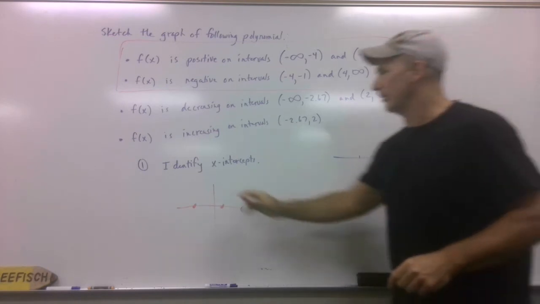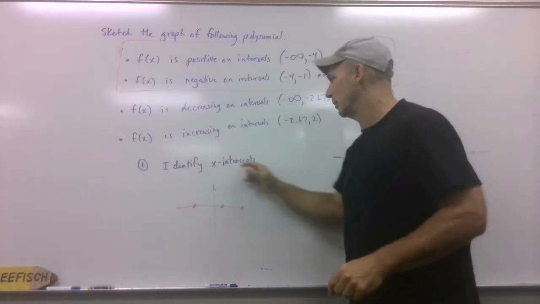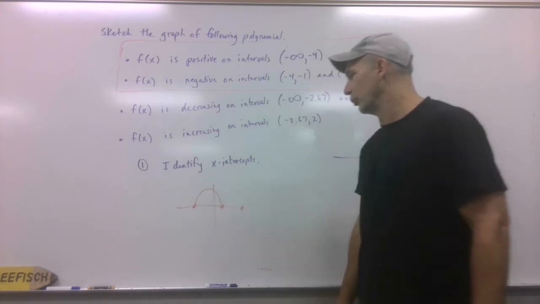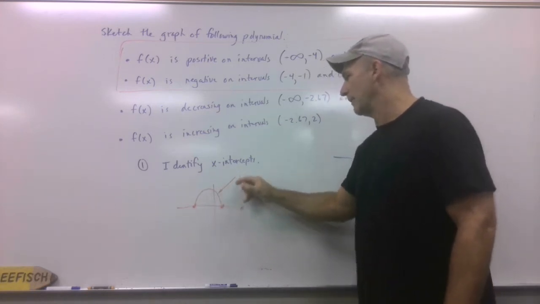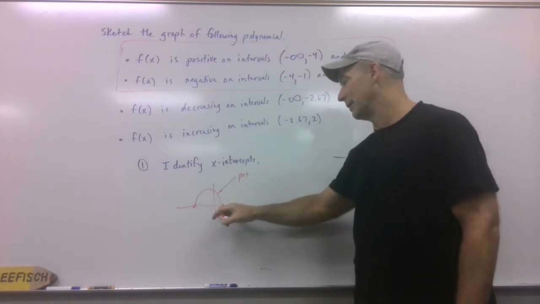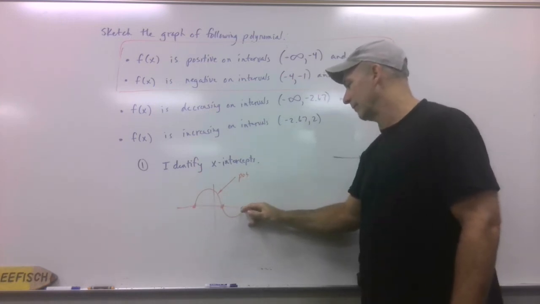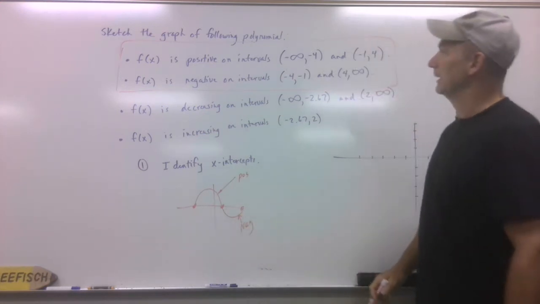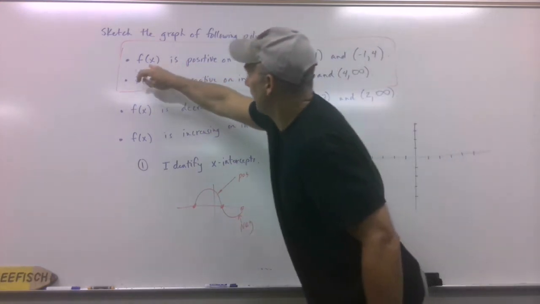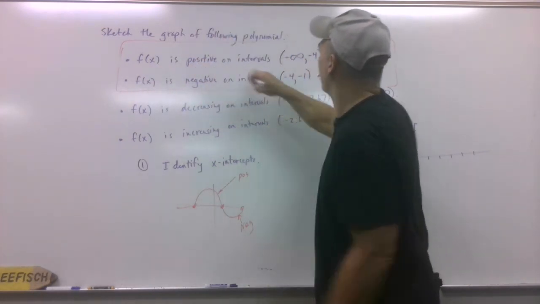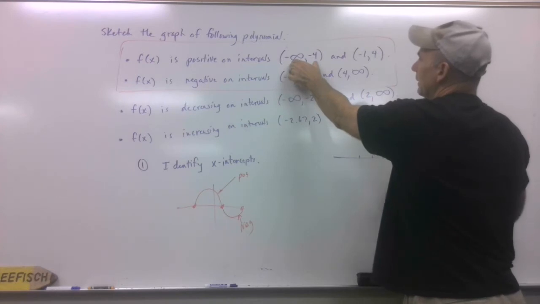But look where it says identify the x-intercepts. Well, remember, guys, if I'm making a general truth here, it's positive between that x-intercept and that x-intercept. And then if it goes below the x-axis, that would be negative. Now look at the first clue. It says the graph is positive between -infinity and -4.